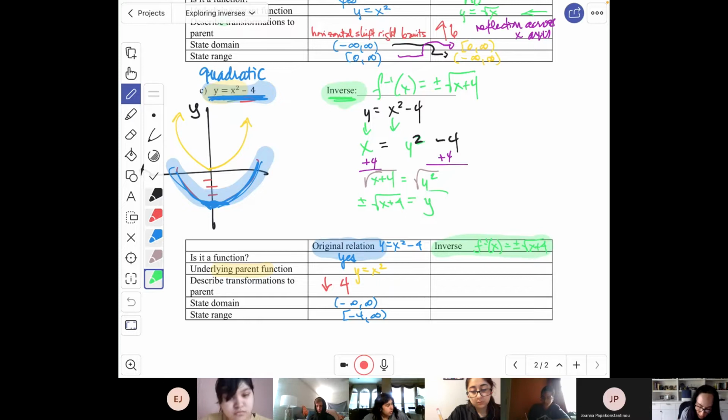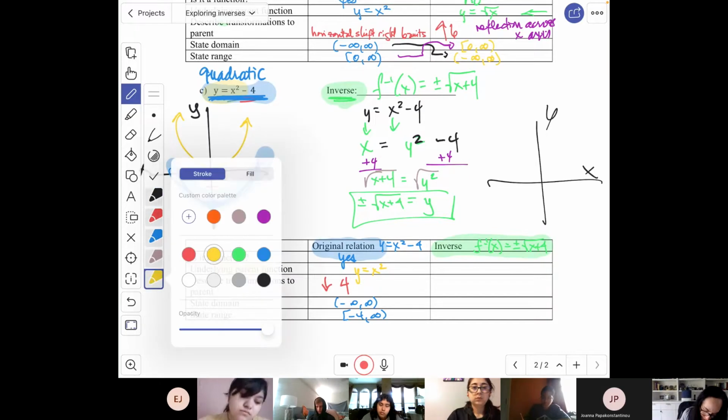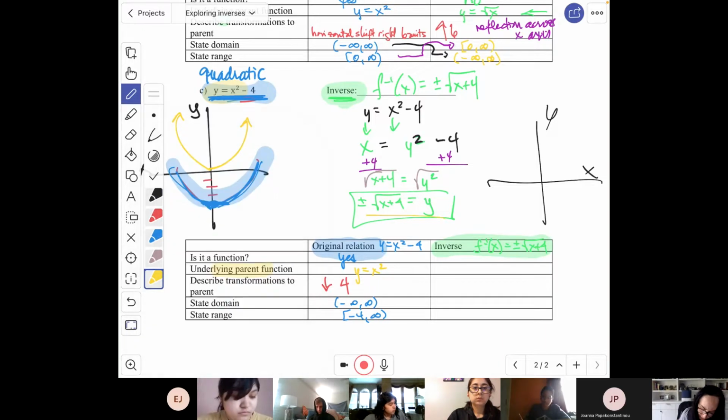Now, is the graph of this a function? Well, if you have trouble identifying that, let's think about what the underlying parent function would be. If I'm looking at this, what would the underlying parent function be?